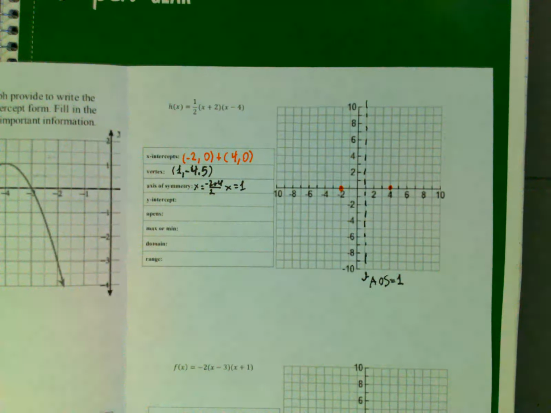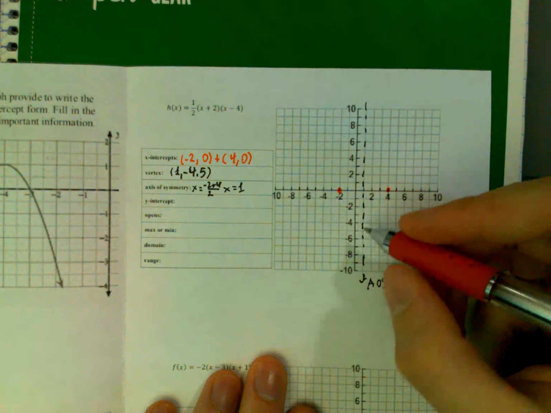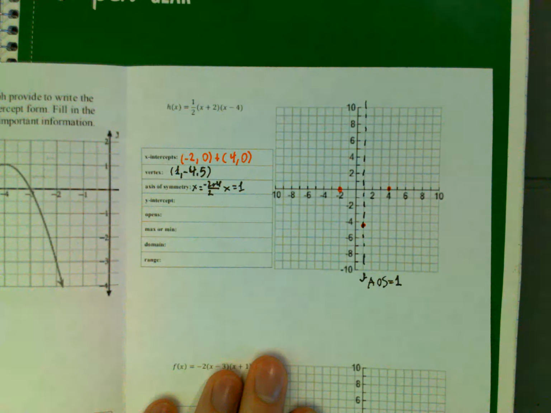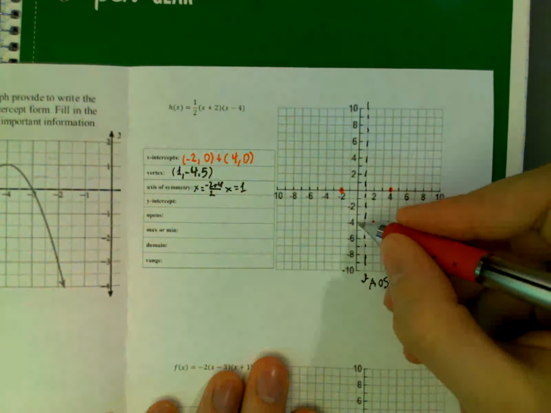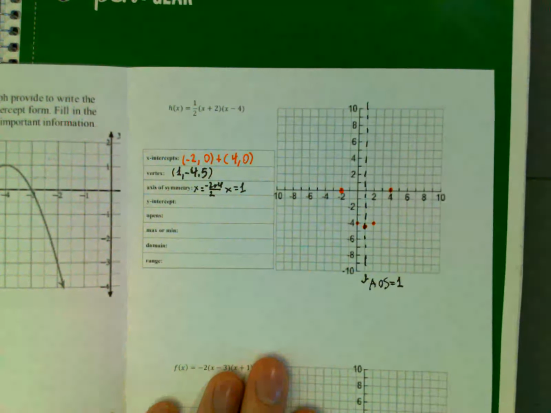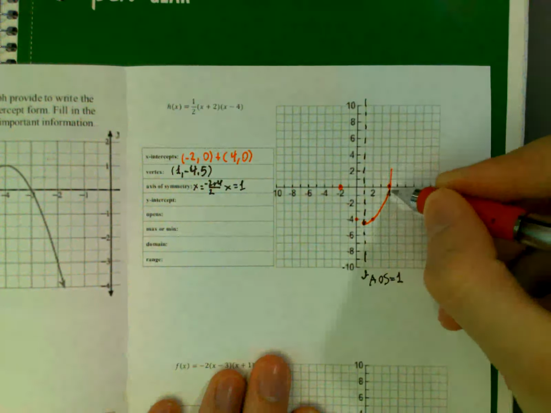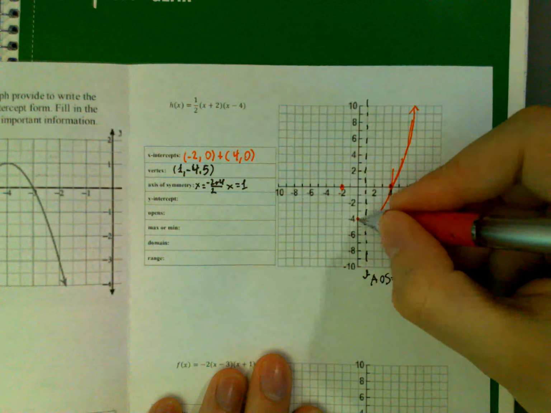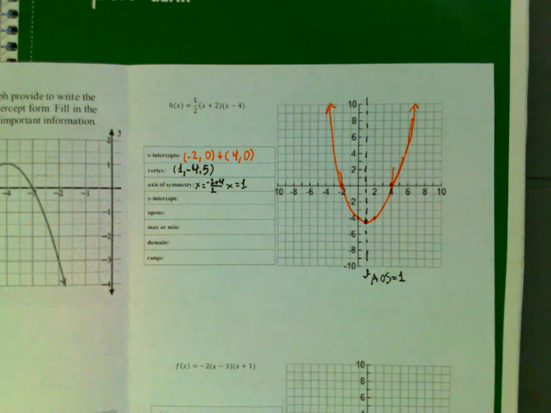We know the vertex is at (1, -4.5), so somewhere right there. We're going to find that the y-intercept is at -4. So it looks like my parabolic shape is doing this.